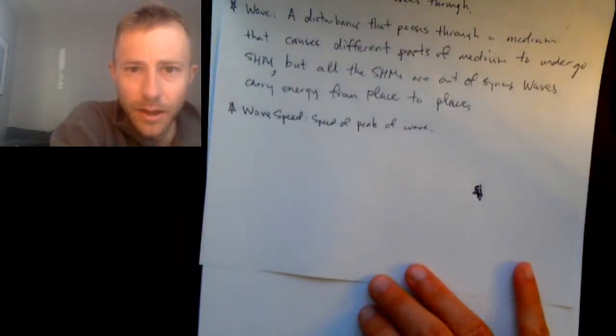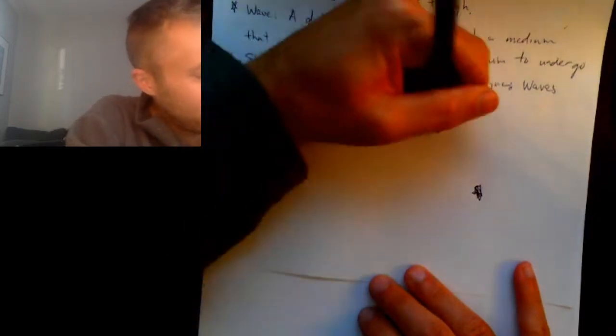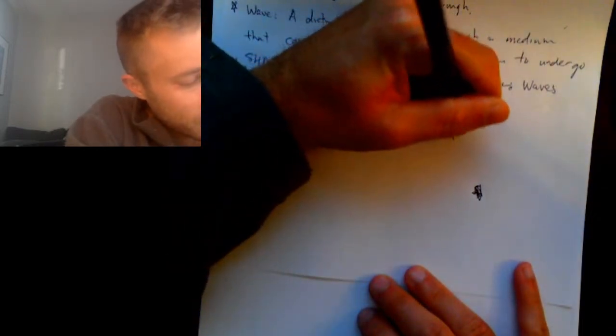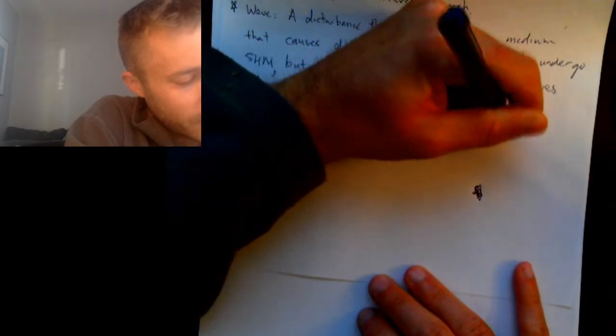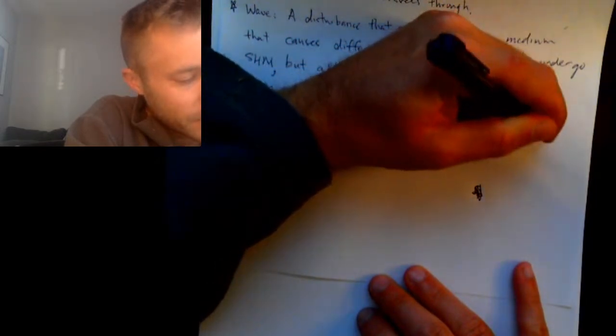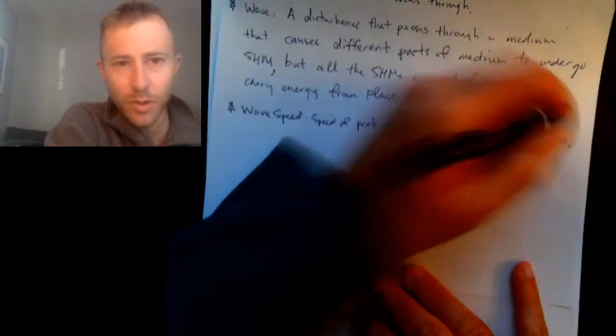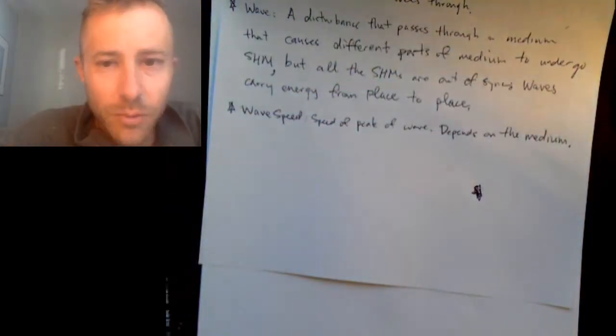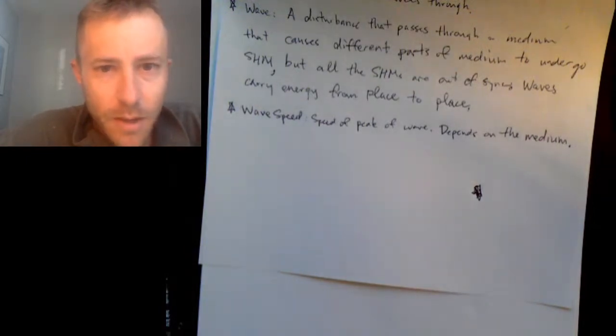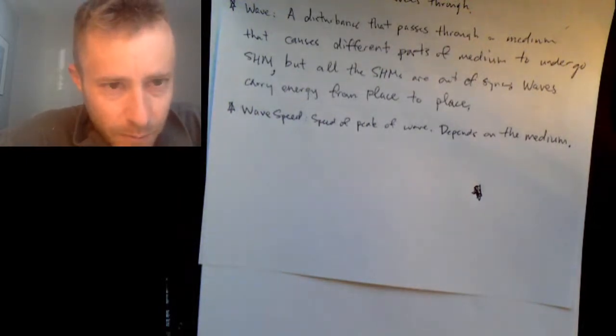And an important point about the wave speed is that it depends on the medium. So whatever the medium is, that is what is going to determine the speed of the wave.